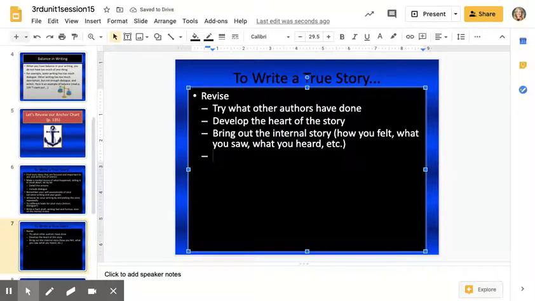Another way is to check to make sure your details and dialogue are balanced.